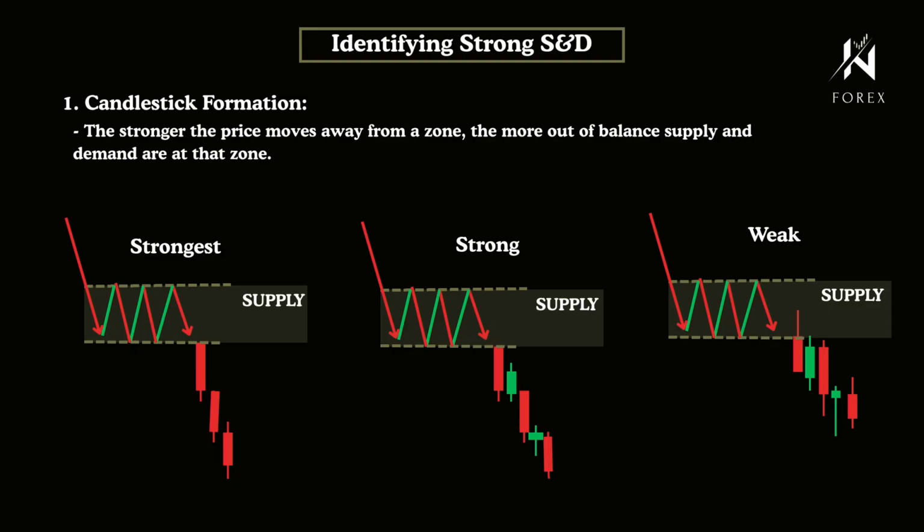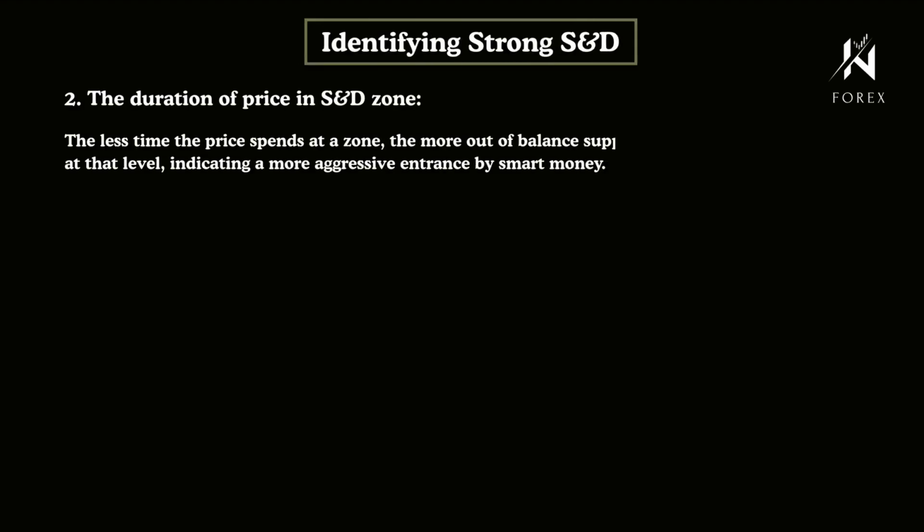As demonstrated in the examples, when the strength of the impulse wave fades, the reliability of the associated supply zone also declines. The most dominant supply zone in the examples is the one tied to the sharpest and most forceful bearish expansion.